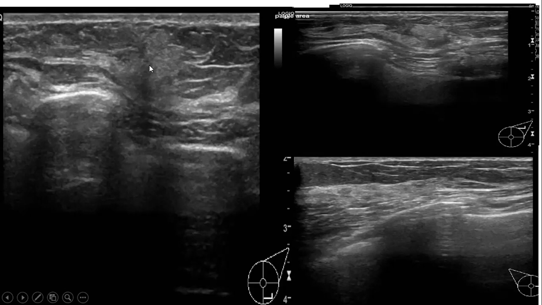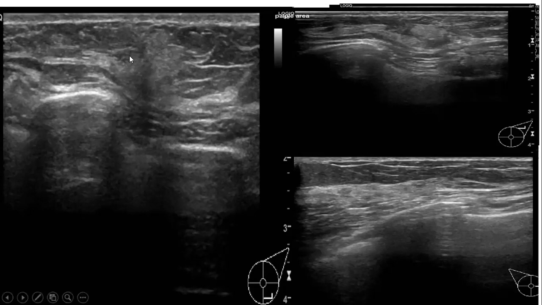I'm not the one who did this image, I just picked the image from the system, but from my experience, I suspect it was missed because of hyperechogenicity. The lesion is hyperechoic, like the parenchyma. That is why it was missed.